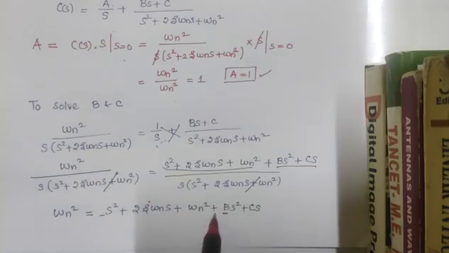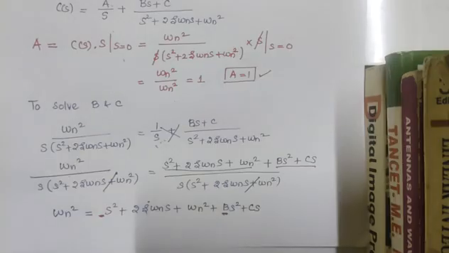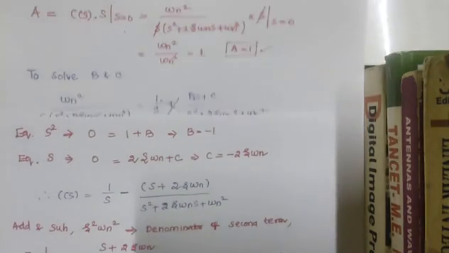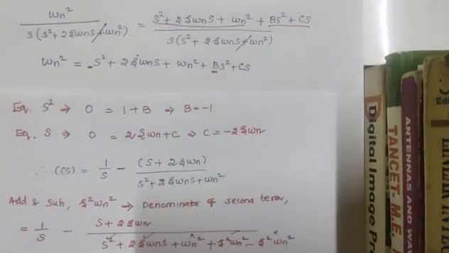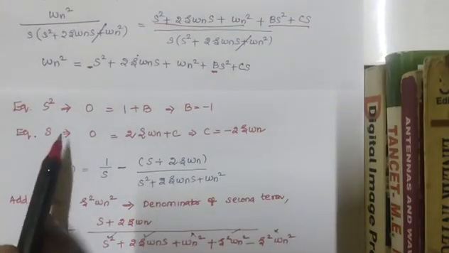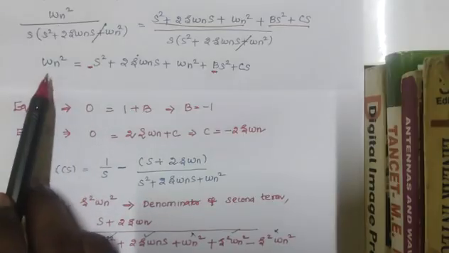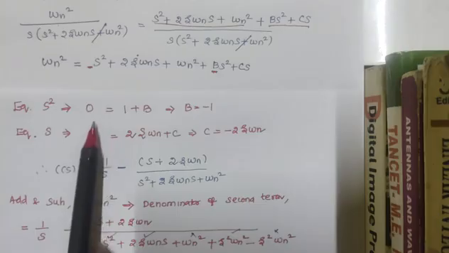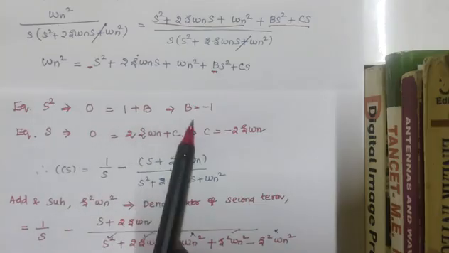Now to compute B, just equate the s square coefficient. Here the s square coefficient is 1, here the s square coefficient is B. So your expression becomes, on the left hand side there is no s square, so 0 is equal to 1 plus B, from which I can compute B equal to minus 1.